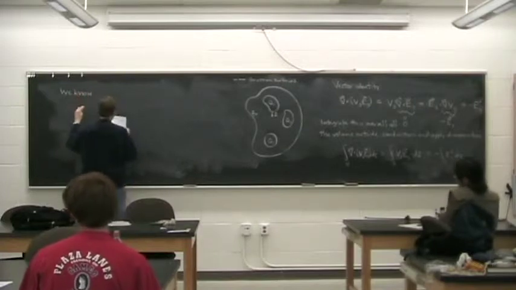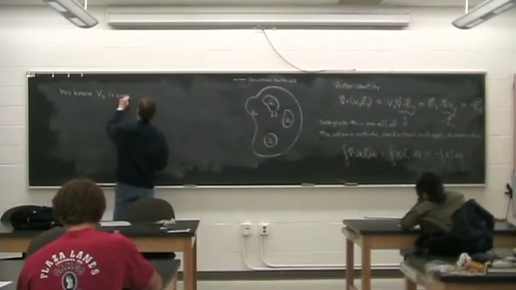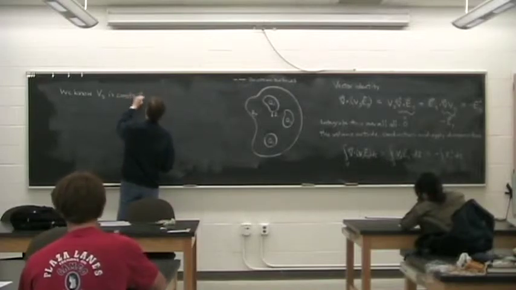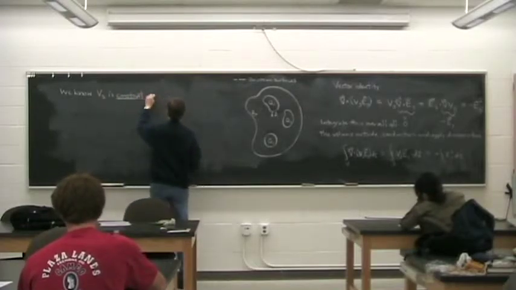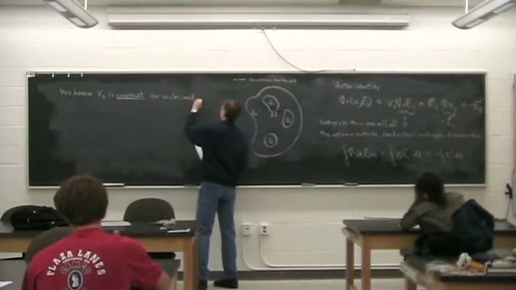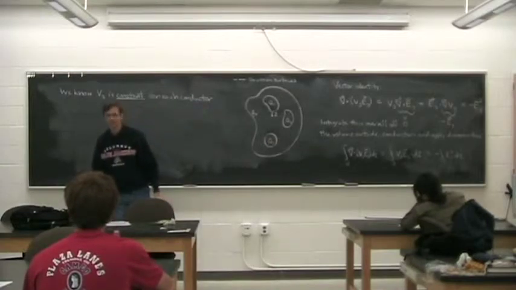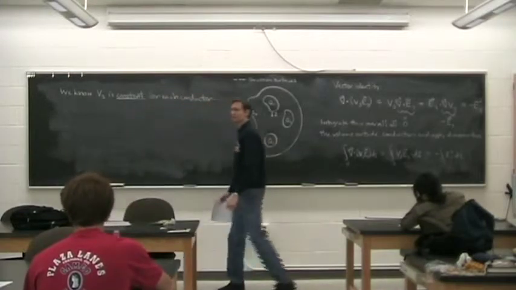Now we invoke the fact that V3 is constant on each conductor. How do we know that? They're conductors, so they're equipotentials.